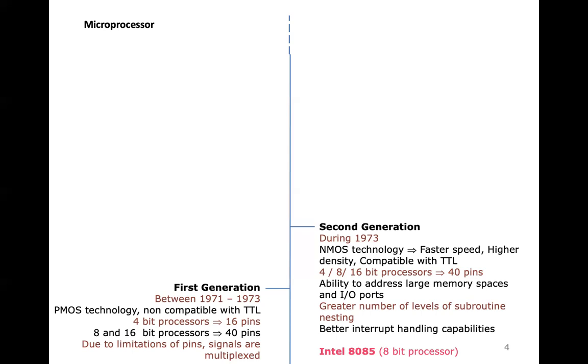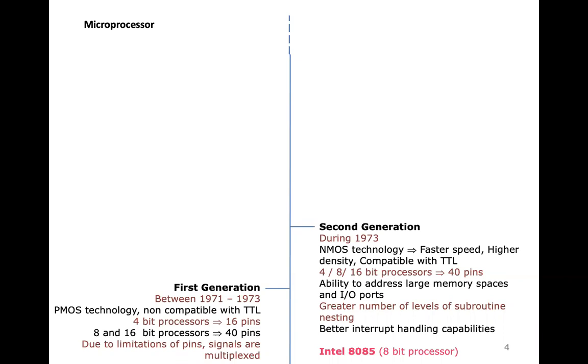How many internal locations are created? 2 to the power 8 means 64. No, sir, 1, 2, 4, 8, 16, so it is 256. Yes, sir. Clear?